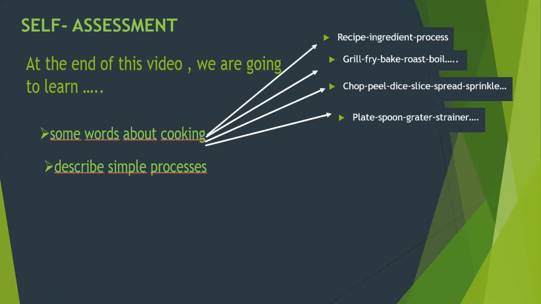And now, can you describe a simple process? I hope you can say yes. While you are describing a process, you can use first, next, then, after that, and finally to order the steps. And if you have any unclear points here, please go backward and watch the video again.